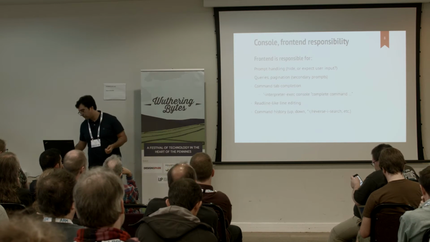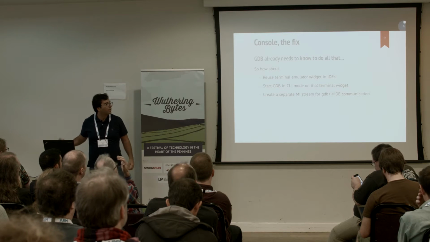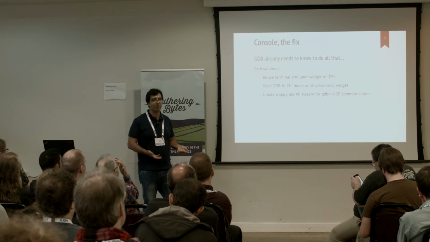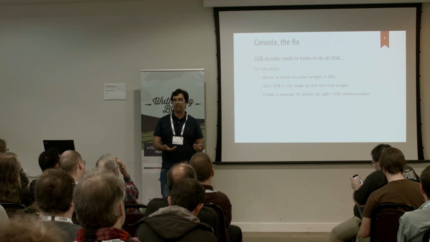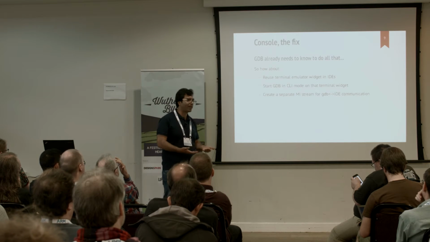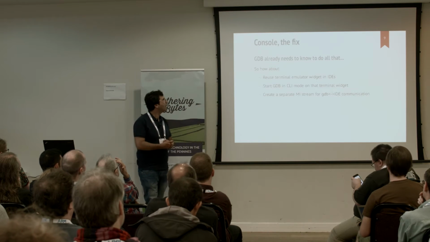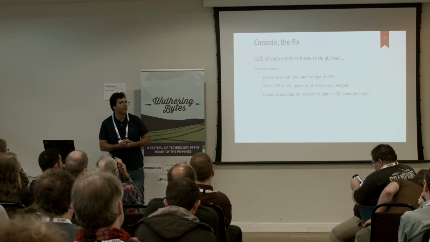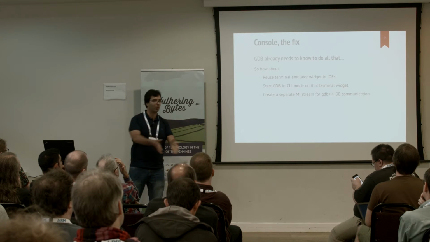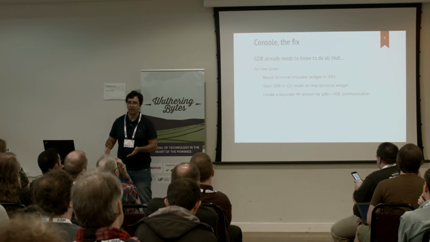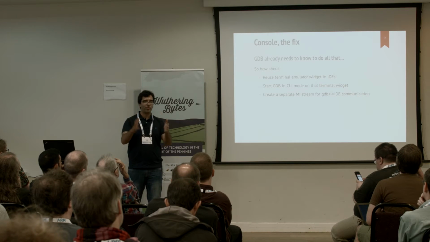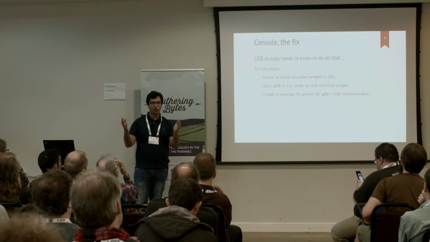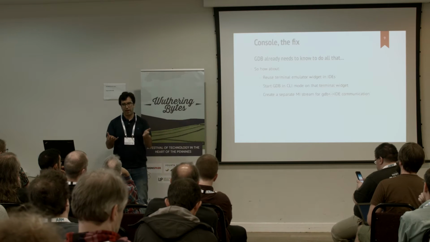So the thing is, GDB knows all about this and supports all of this already built in. So the idea is, instead of forcing the front end to go through MI, just reuse the terminal widget that front ends normally already have.